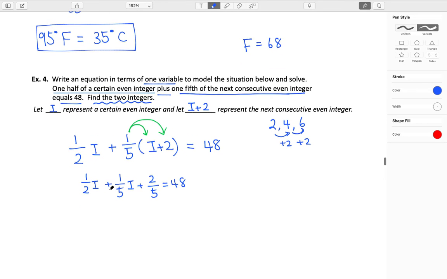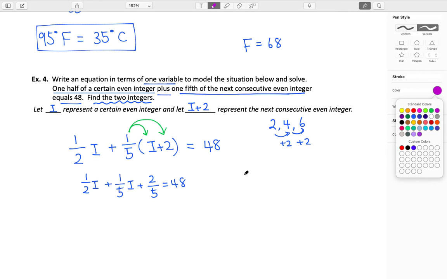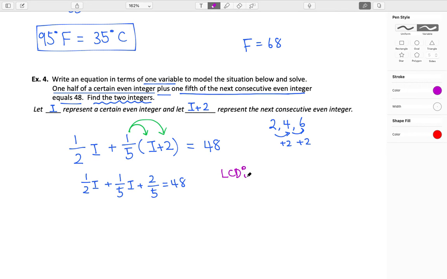So we don't really like fractions here. So let's find our lowest common denominator. 2 times 5, which is 10. So I'm going to multiply every term by 10.